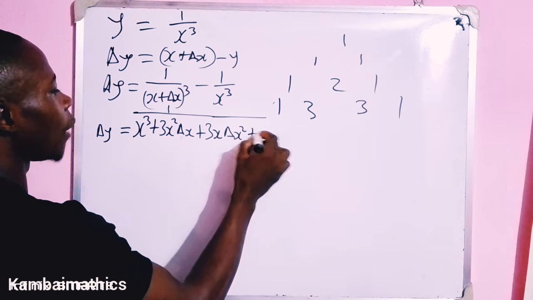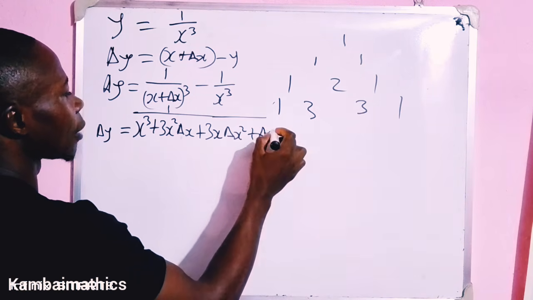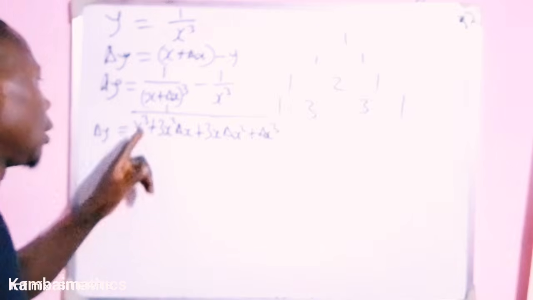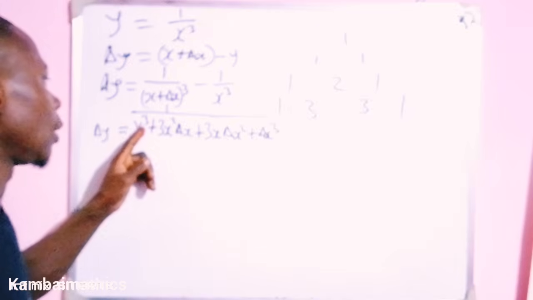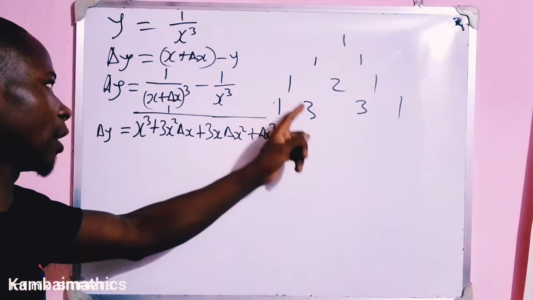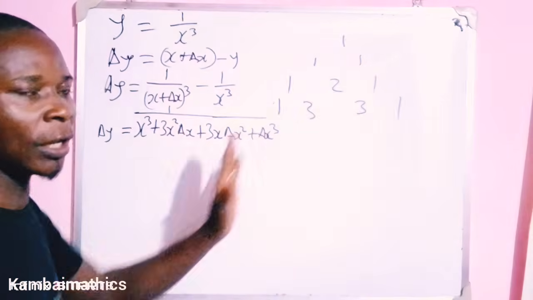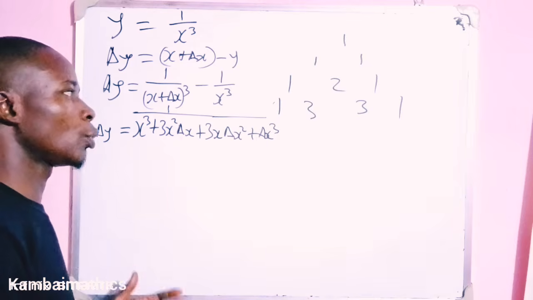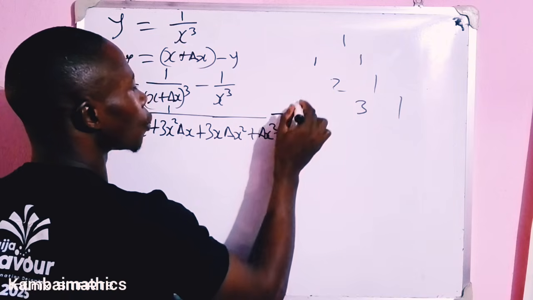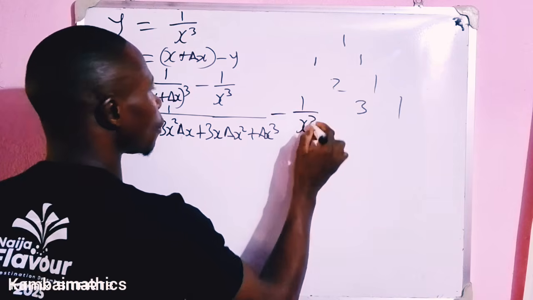Finally, we'll have delta x cubed. If you check what's happening here, the value of x is reducing while the value of delta x is increasing. So that's how you find this without putting much steps on this one. So we now have this one minus 1 all over x raised to the power of 3.